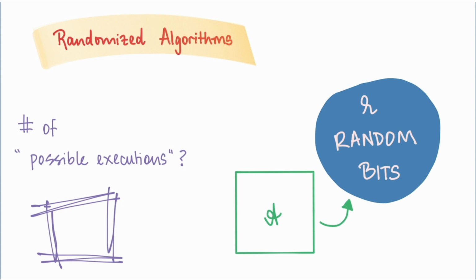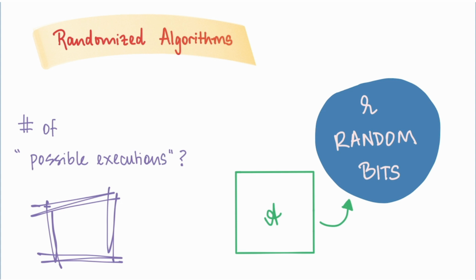Given that the algorithm tosses r of these coins, how many possible executions can the algorithm experience on a fixed input? In how many ways can the algorithm manifest based on all the possible outcomes that these coin tosses can have? This is not a trick question, but if the answer is not clear, then please feel free to pause here and just think about this for a moment.